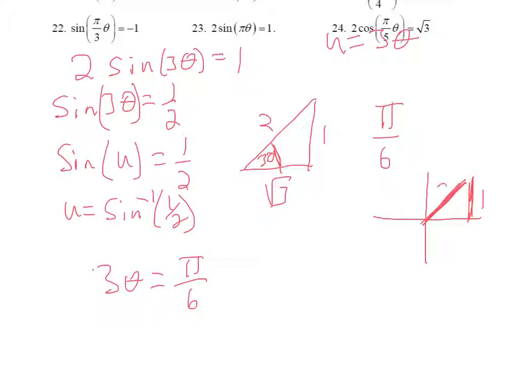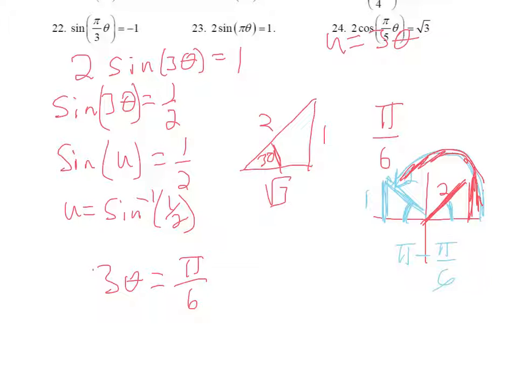So remember, that's 1, that's 2. But sine's also equal to 1/2 over here in quadrant 2. That's 1 and that's 2. So if this angle is 30 degrees or pi over 6, that reference angle is also 30 degrees or pi over 6, which makes this one, and I'm just going to be working in radians since that's where we want to go, pi minus pi over 6 will be this angle here.